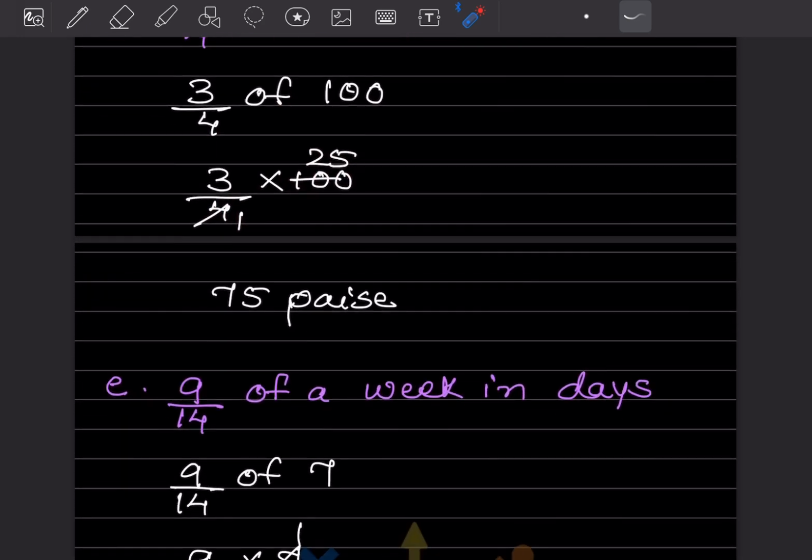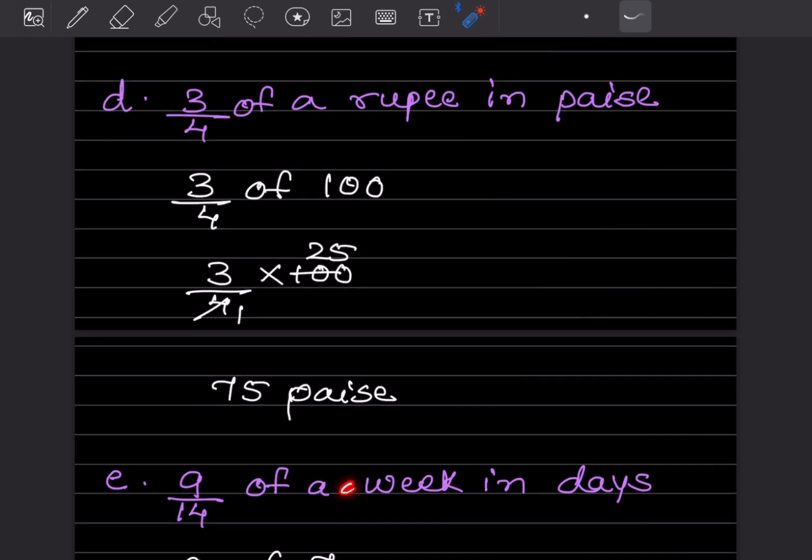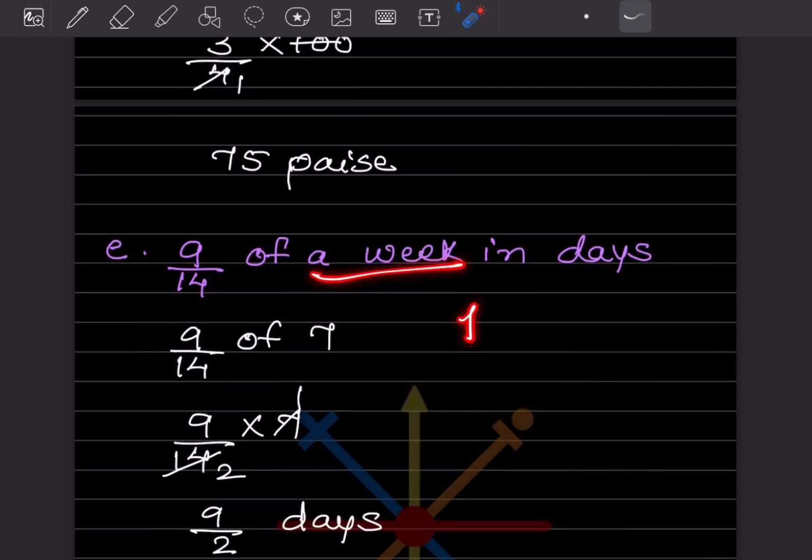Now here 9 by 14 of a week in days. So of a week. 1 week has 7 days. So that will be 9 by 14 of 7. So this is going to get multiplied here. So 7 ones are 7, 7 twos are 14. So this will be 9 by 2 days.